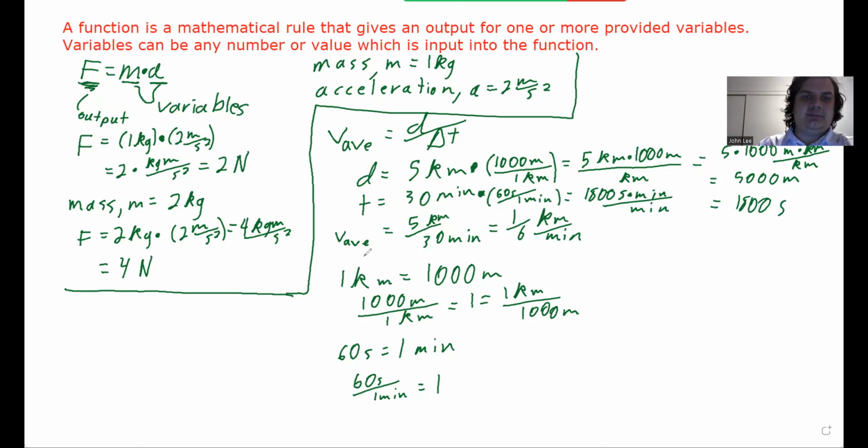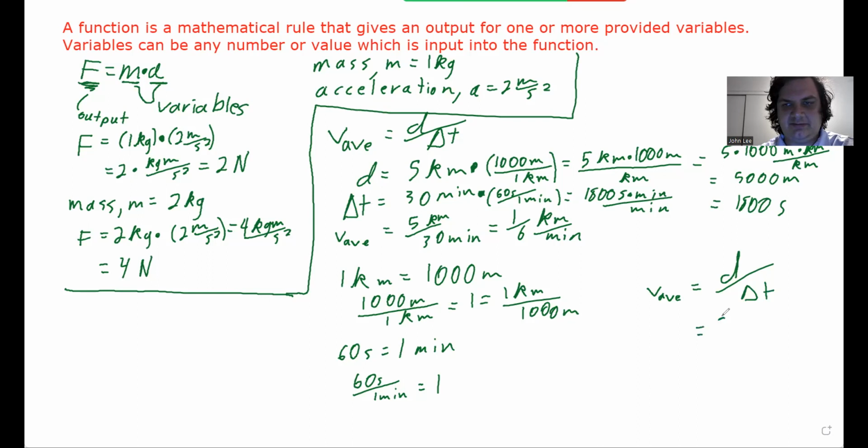So going back to our equation, V average is going to be D over delta T. This time, oh, I forgot to put this as delta T instead of just T, but same distance.